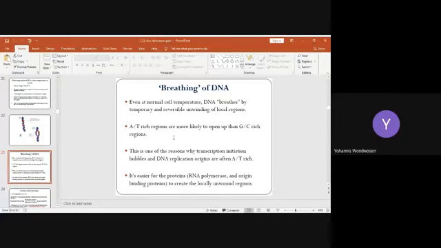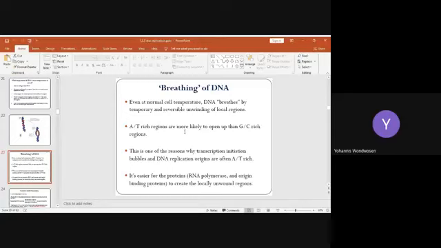So even at normal cell temperature the DNA breathes. Breathing means it can undergo separation and rejoining by the temporary and reversible unwinding of local regions. And the AT-rich regions are more likely to undergo breathing than the CG regions.